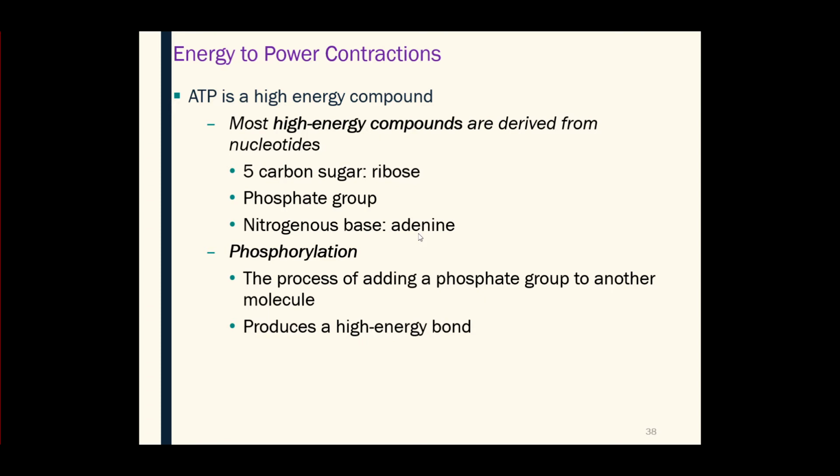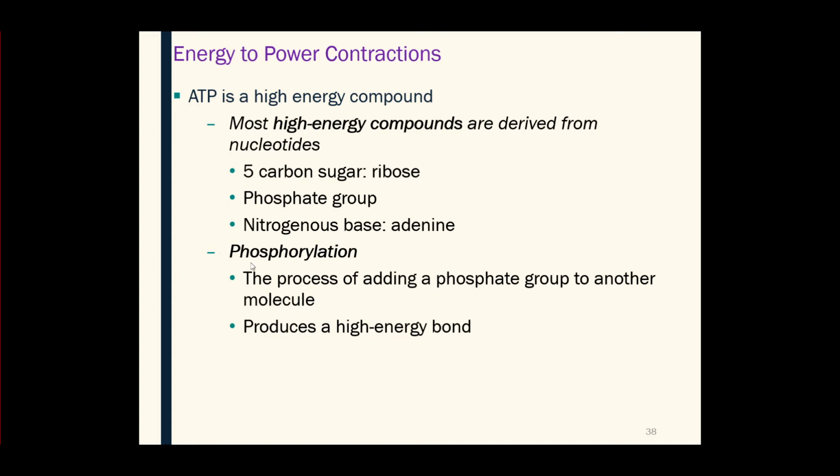The only one we have to know for ATP is adenine. So ATP is going to have this foundation, a nucleotide consisting of ribose, a phosphate group, and adenine. Once we have this base, we're going to add more phosphates.